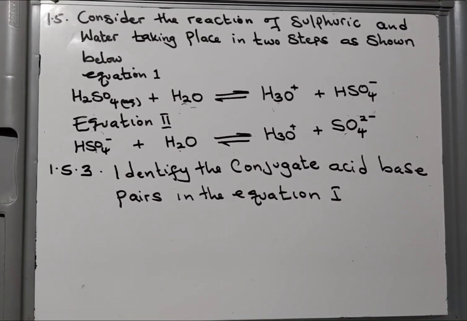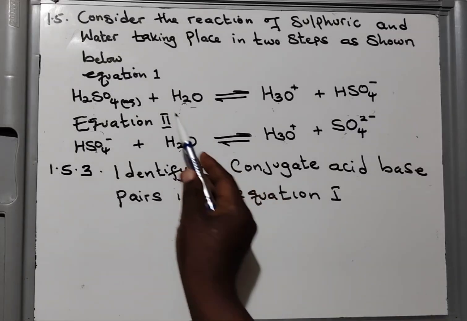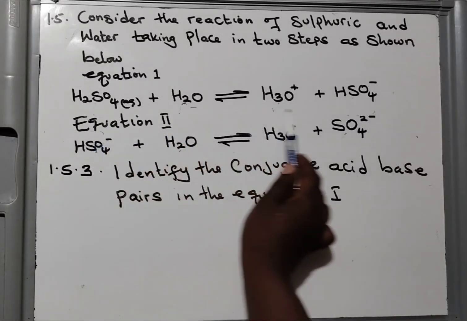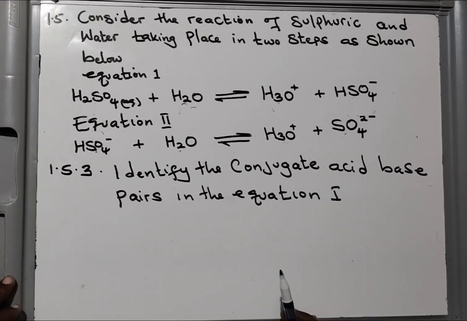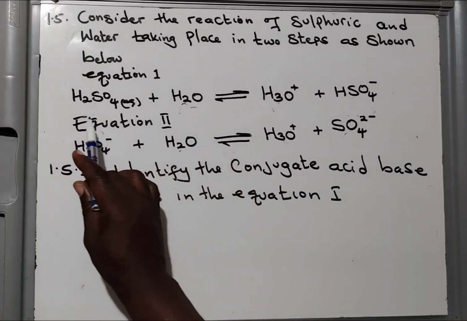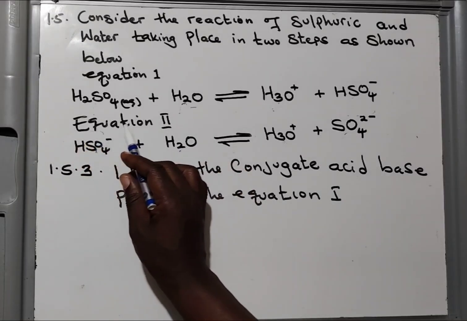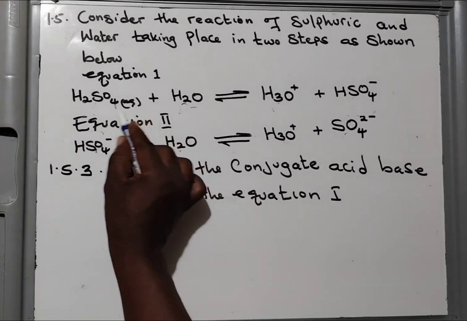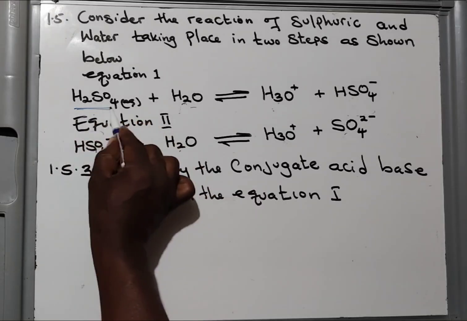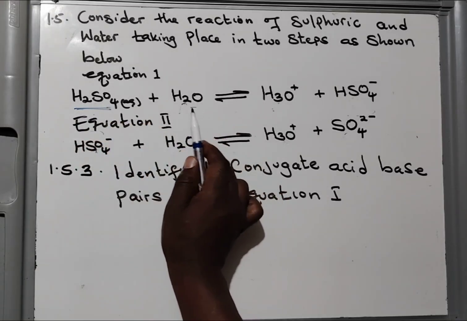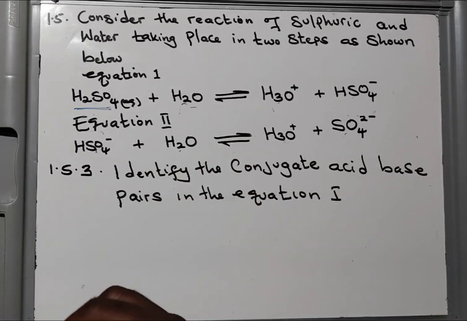It says, identify the conjugate acid-base pairs in equation 1. This one happens to be our equation 1. Let us explore what actually is taking place here. We're having this acid and we are reacting it with water.